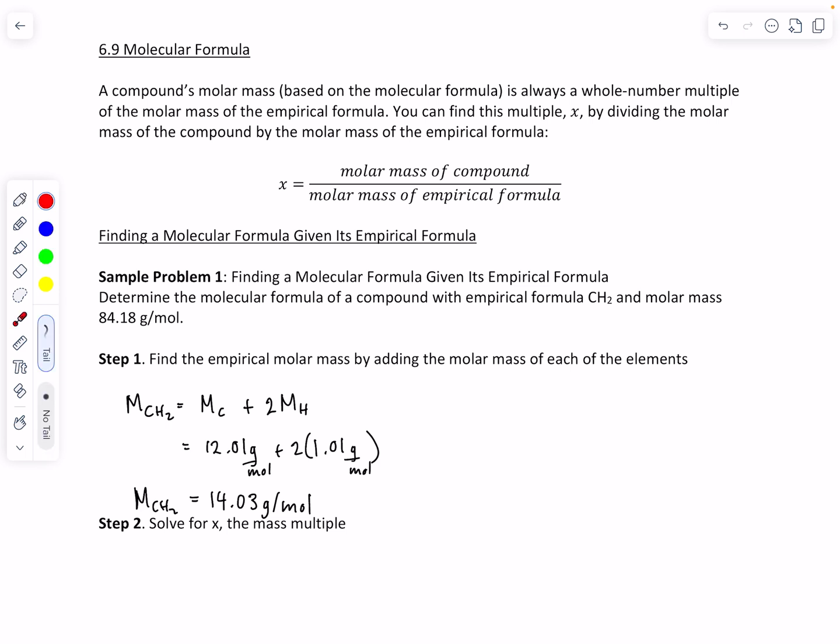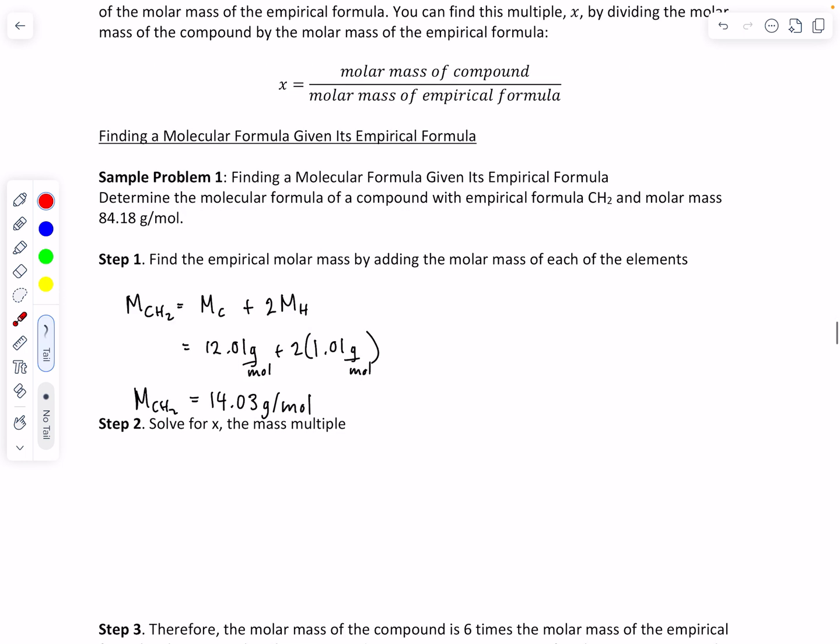To solve for x, we need to have the molar mass of the compound divided by the molar mass of the empirical formula. So x equals molar mass of compound divided by molar mass of empirical formula.